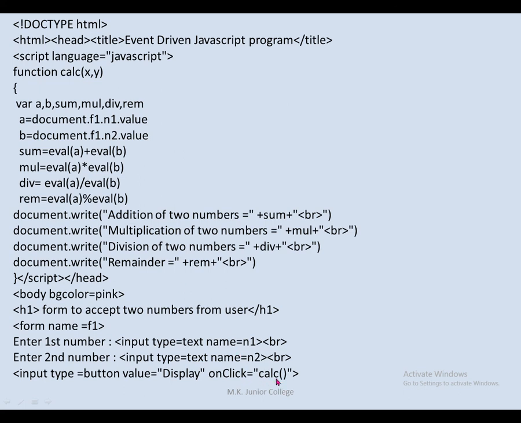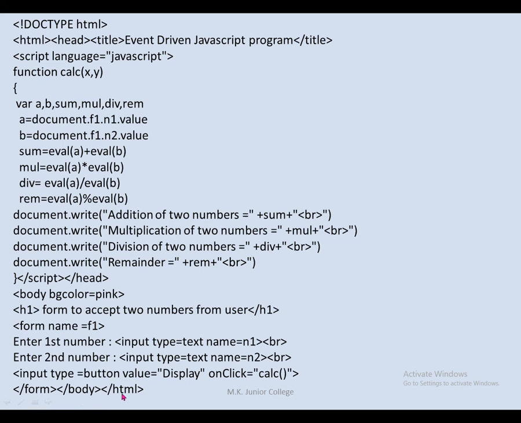So this function name is very important here. Directly add open and close brackets here. See here x and y, you are passing two variables. Further you are declaring a and b, two more variables to store these values, and this way you will get the output. At the last you are closing form, closing body, closing html.